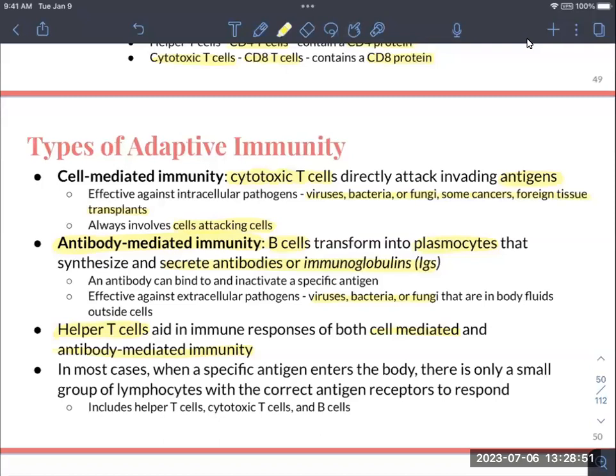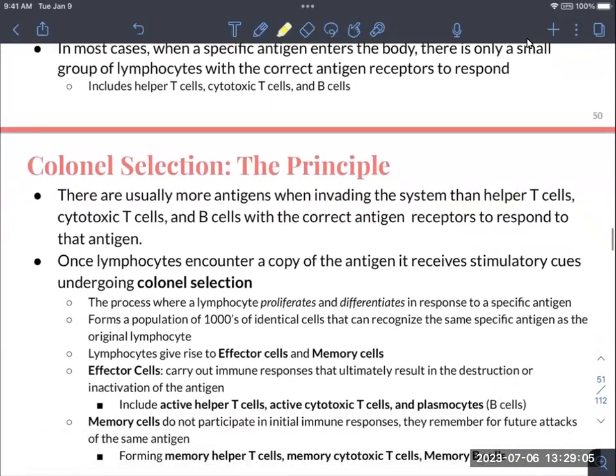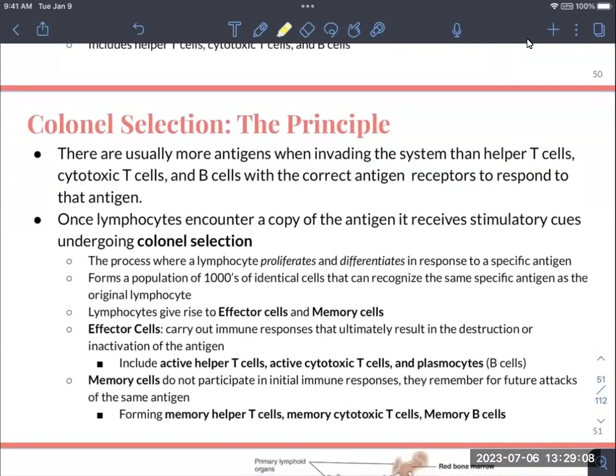Those are helper T cells, cytotoxic T cells, and B cells. Those are the ones that have usually a very small amount of these antigens available and ready to attack. The problem is there's usually more antigens invading the system than there are cells with those correct receptors to inactivate those cells. So what happens when a specific pathogen gets into our body?